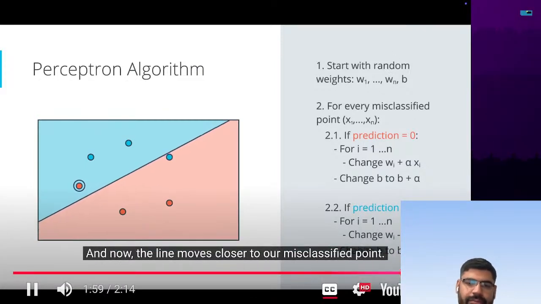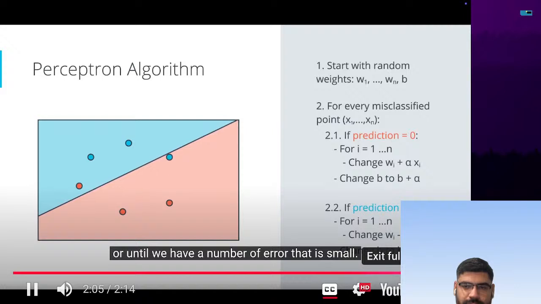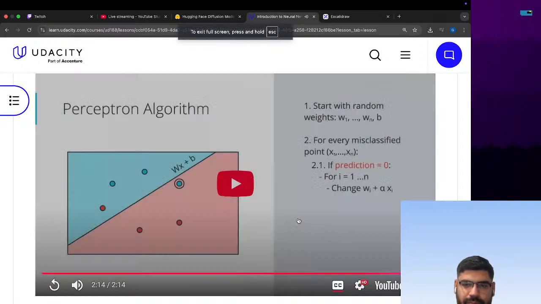And now the line moves closer to our misclassified point. Now we just repeat this step until we get no errors, or until we have a small number of errors, or simply we can say do this step 1,000 times and stop. We'll see what our options are later in the class.